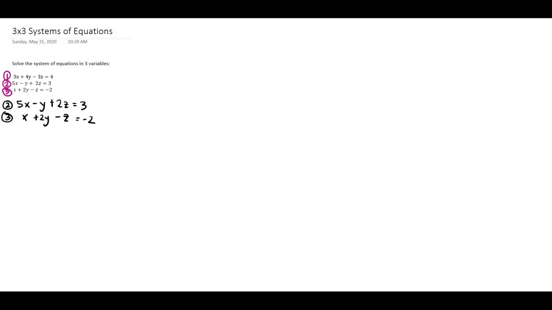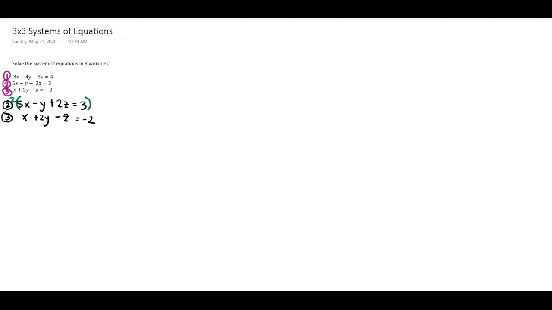And so that means that I would want to take my equation 2 and multiply it by 2, because I'm thinking to myself, what do I need to multiply equation 2 by so that when I add it to equation 3, the y variable will eliminate, right?